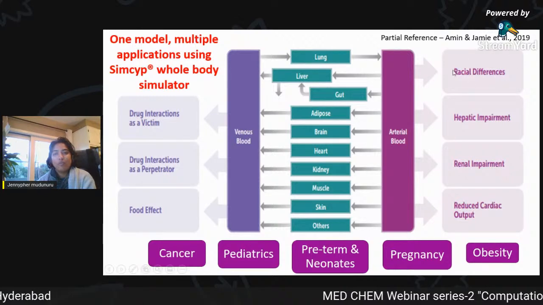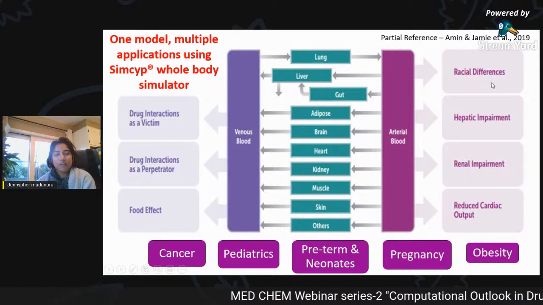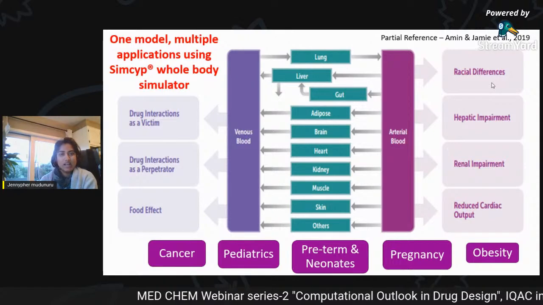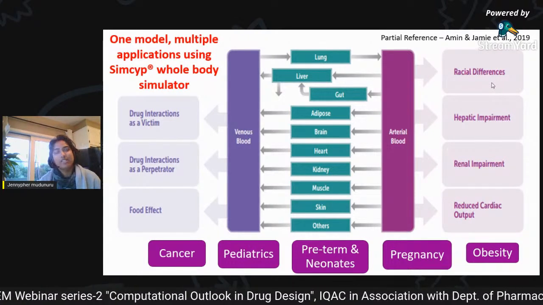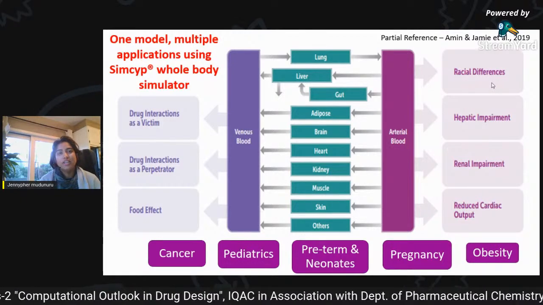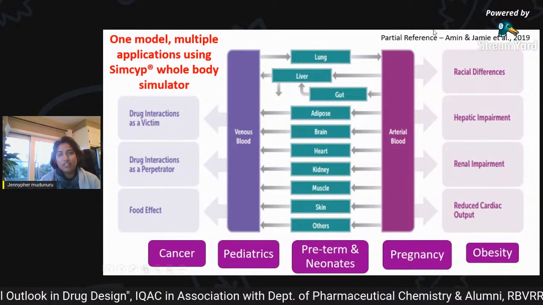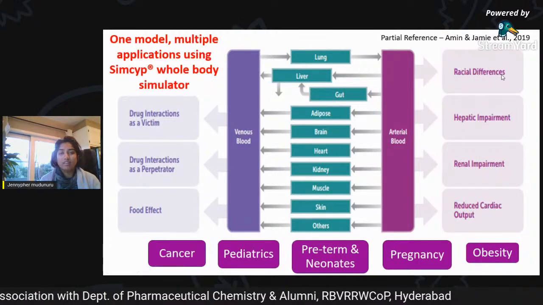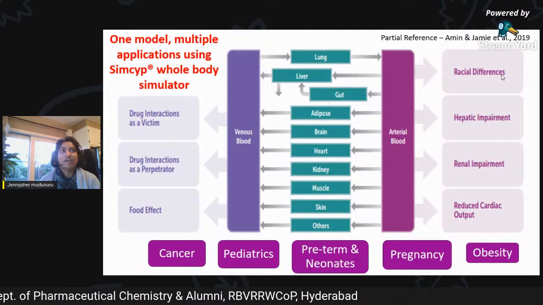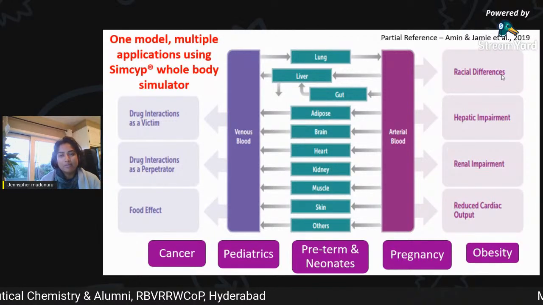So there's also opportunities to do racial differences. There's quite a few populations that were built. You can do Japanese population, Chinese population, Euro-Caucasian population. The reason being, all of us are not similar in terms of our physiology. So your enzymes are different.